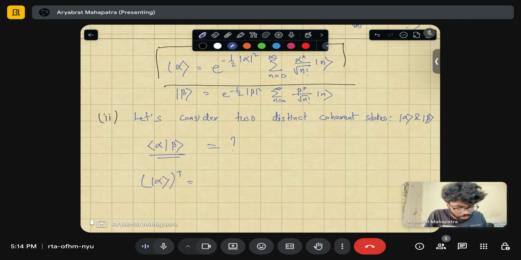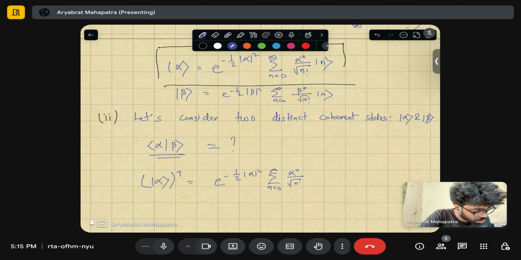Alpha goes as exponential of minus half magnitude of alpha squared, and then summation n going from 0 to infinity, alpha to the power n over square root of n factorial, ket n.